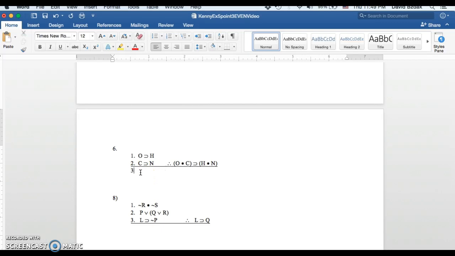Okay, so number 6, again, same thing. Our conclusion is a conditional, so we use conditional introduction. We'll indent, vertical line, assume the antecedent of the conditional we're trying to derive, and want the consequent.